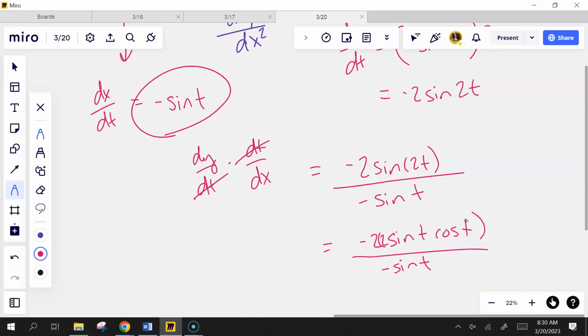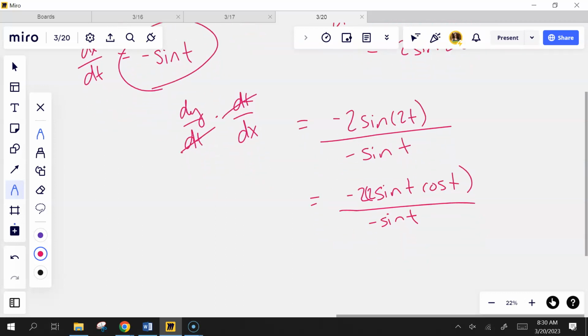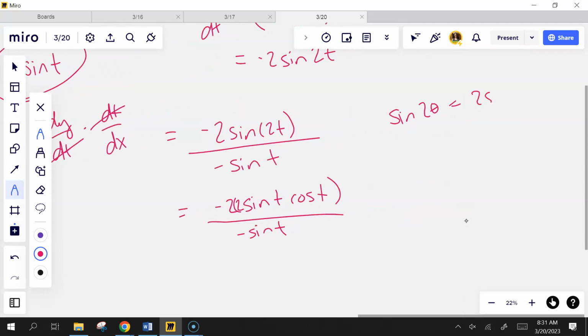I'm starting to see where that 4 is going to come from. That's a trig identity. Different sheet. The trig identity sheet, the one that is terrible. It's a double angle identity. The sine of 2 theta is equal to 2 sine theta cosine theta.